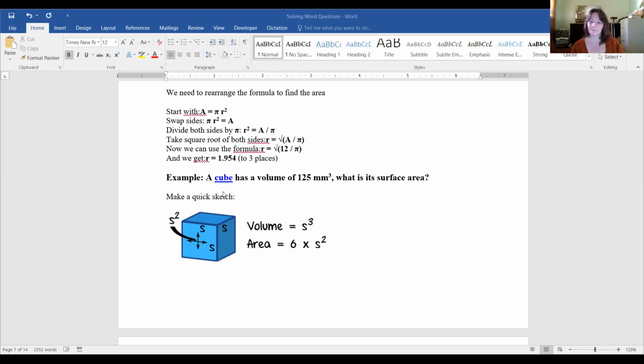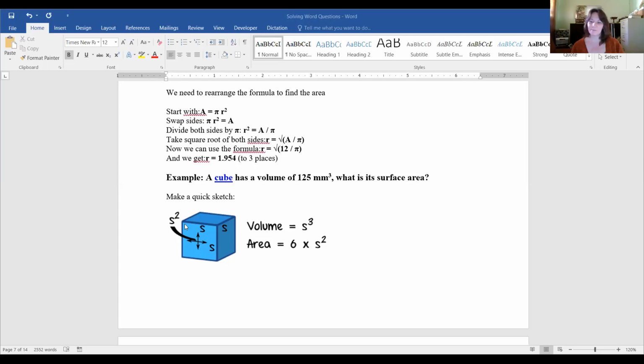Okay. What is its surface area? Surface area means the area of all the faces. We ignore the volume, we just look at the number of faces on a solid. There are 6 of these squares.